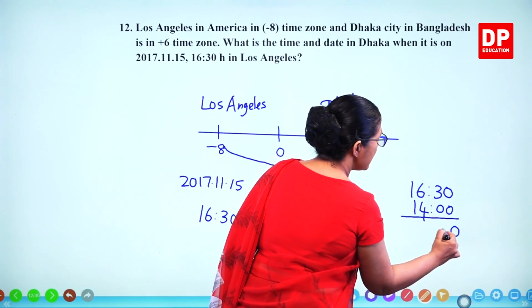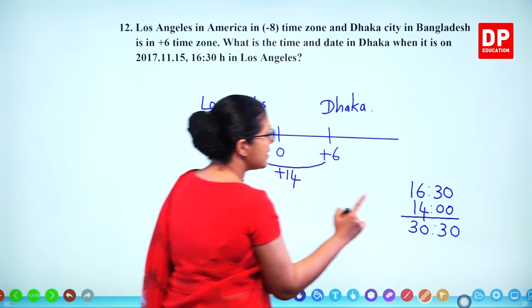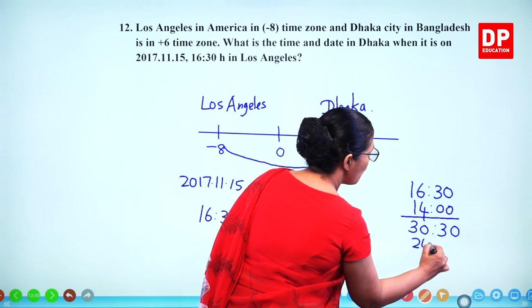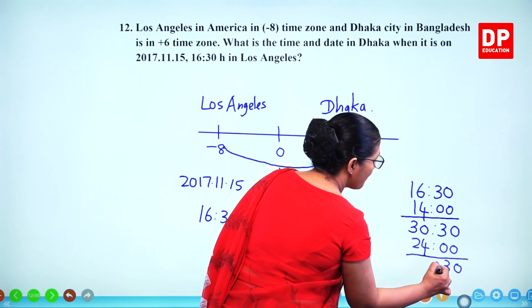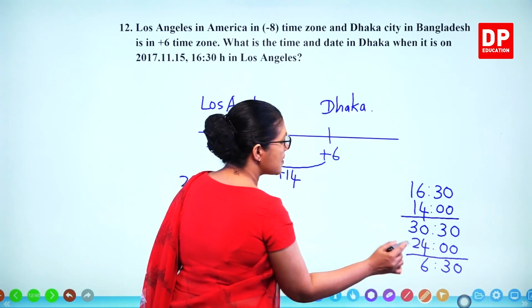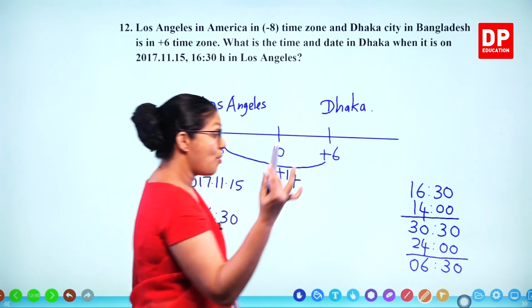So when you are adding, what happens? 30 means you can't keep 30, so you have to subtract 24 from that. Standard hour clock. So you get 6:30.